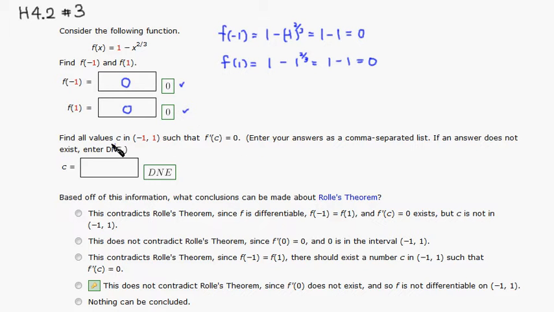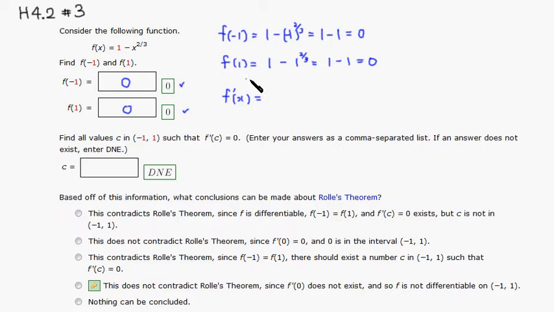Then find all values of c between -1 and +1 such that the derivative is equal to 0. So let's take the derivative, f prime of x. The derivative of 1 is 0, so I'm not going to write anything down.